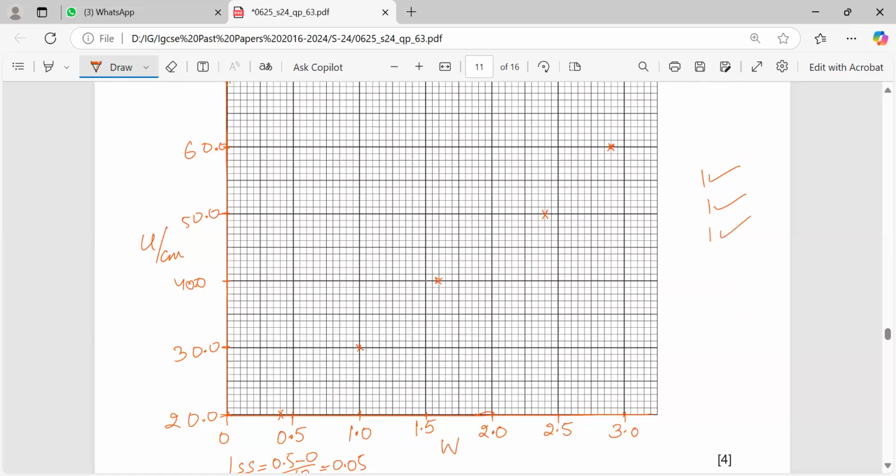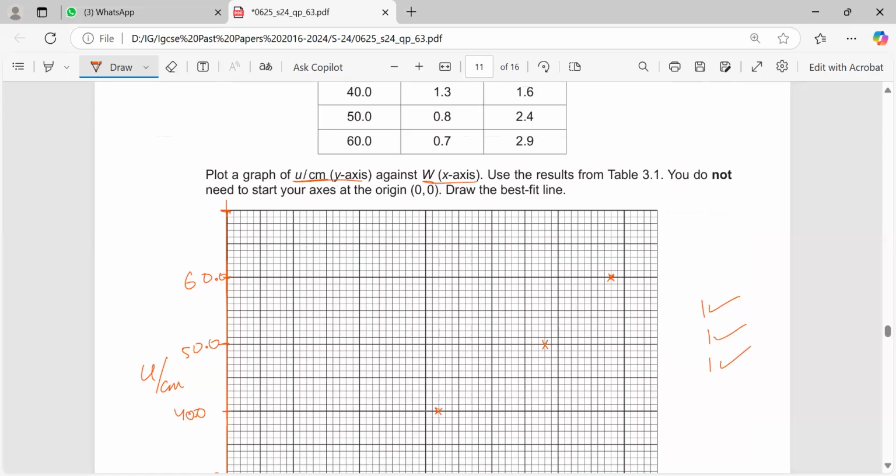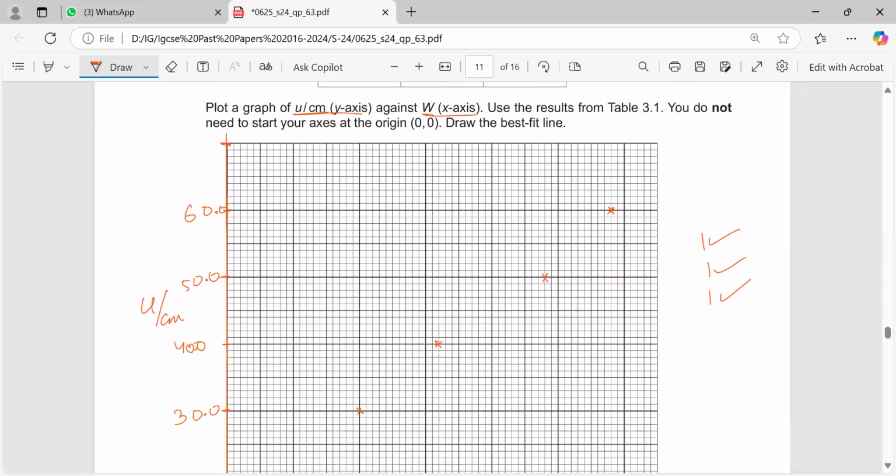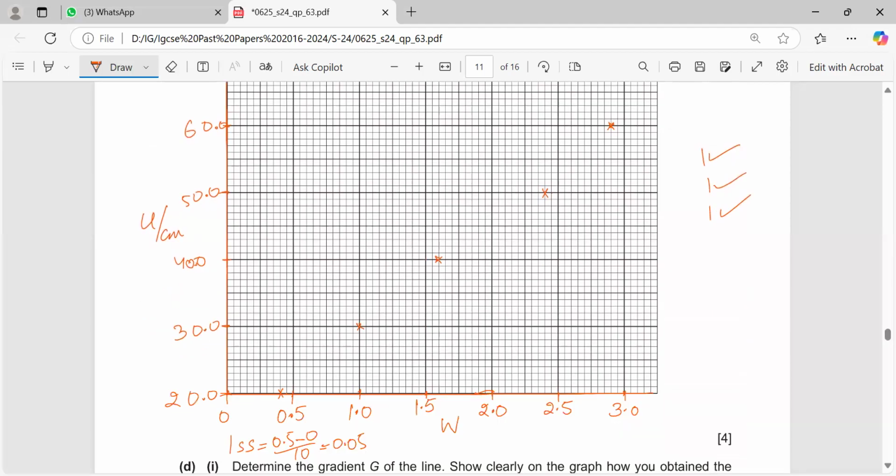And whenever you are plotting these points, you can use crosses, you can use plus signs, or a dot in a circle. Now, the final mark, we will draw the line here, and then mention draw the line of best fit. Okay, so we are going to try to draw the line of best fit.